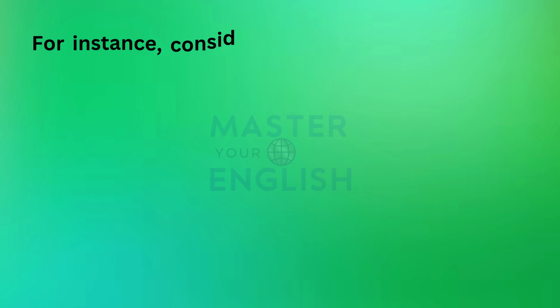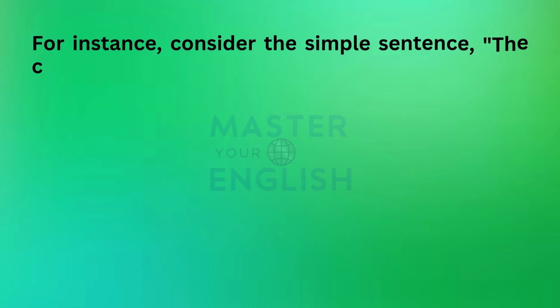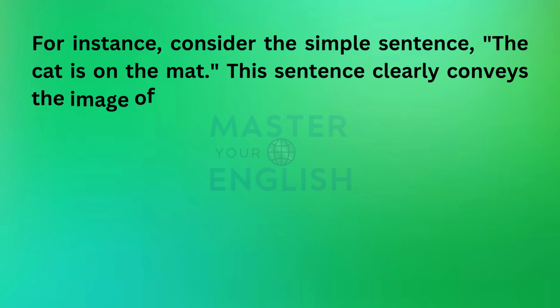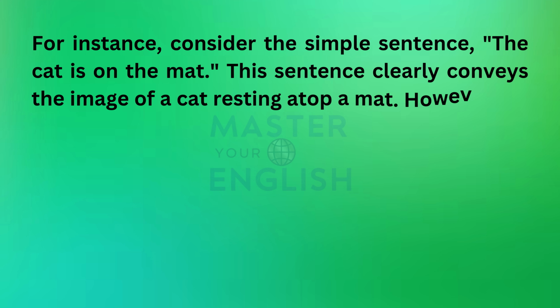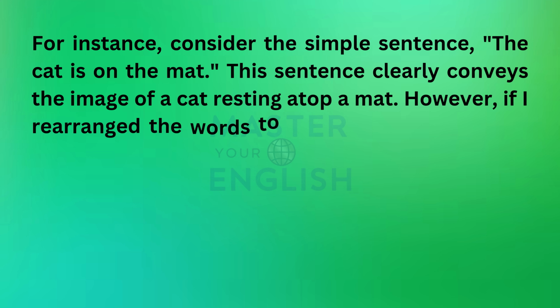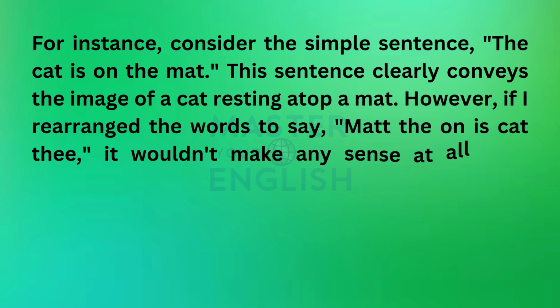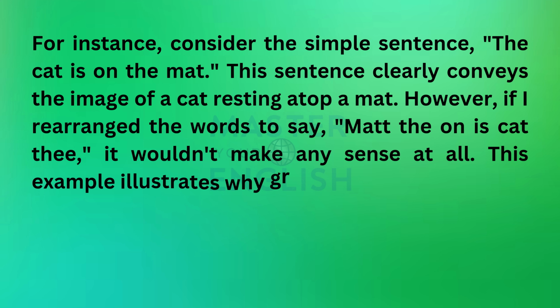For instance, consider the simple sentence, "The cat is on the mat." This sentence clearly conveys the image of a cat resting atop a mat. However, if I rearrange the words to say, "Mat the on is cat the," it wouldn't make any sense at all. This example illustrates why grammar is so important.